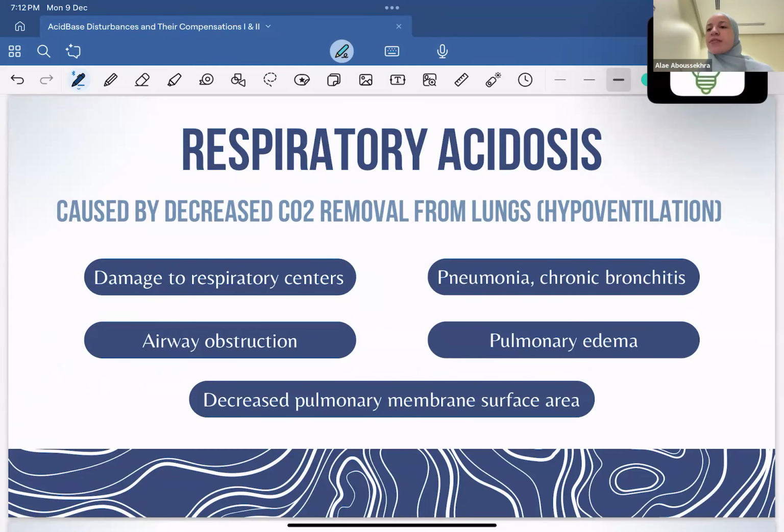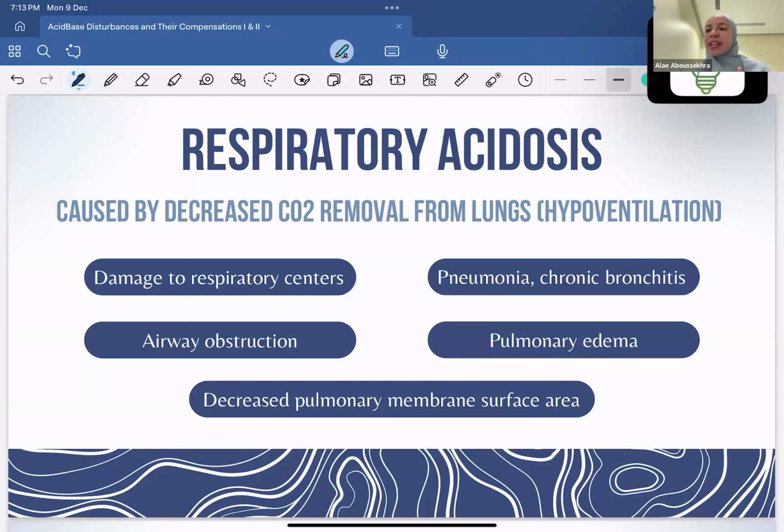So the first one we have is respiratory acidosis. Okay, how does it happen? It basically happens when we have decreased CO2 removal from the lungs, or when we have accumulation of CO2 in the lungs. So basically, we're not taking the CO2 out of the lungs, okay? This happens when we have, for example, hypoventilation. We're basically not breathing out the CO2 enough.